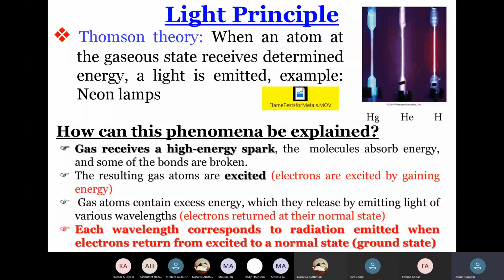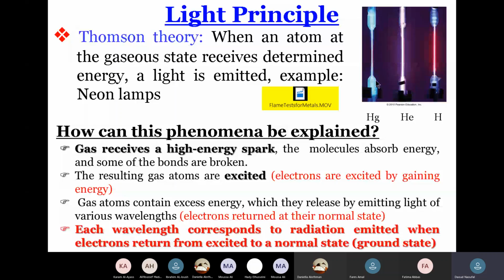The fluorescent lamp or the neon lamp contains only gas inside. So when it receives energy from an outside source, it will emit light. For example, if we consider a tube containing mercury, and this tube is submitted to a voltage or receives energy, it will emit the blue color.